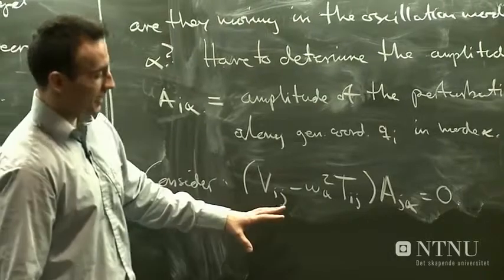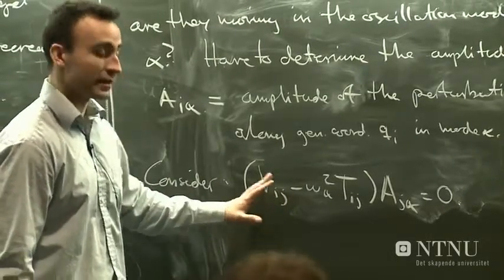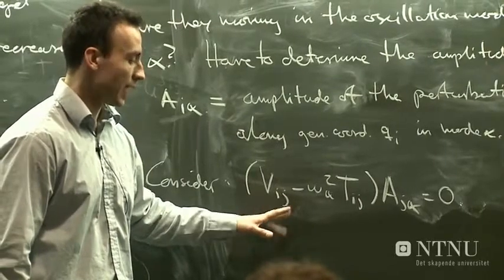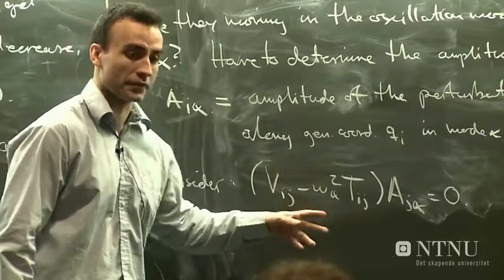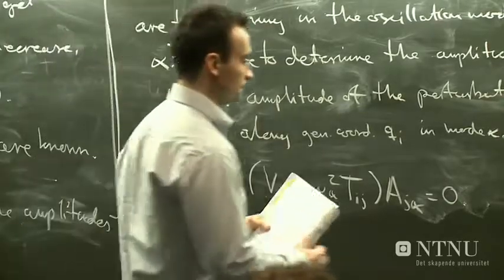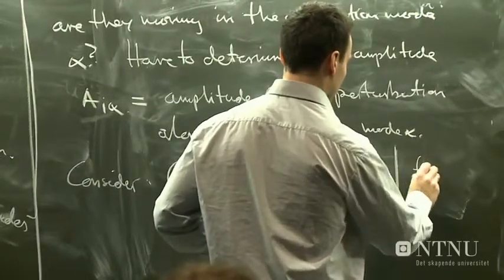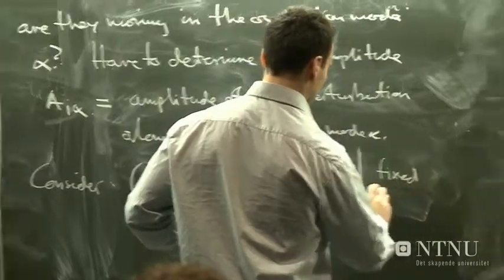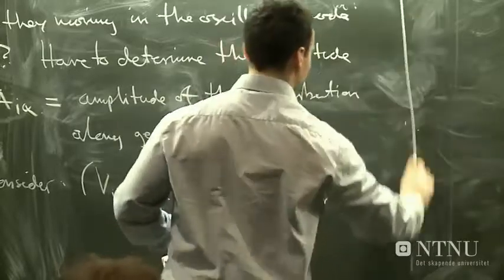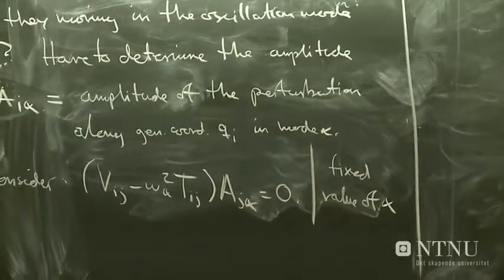And this notation might be a bit confusing because in this case, there's no sum over alpha. We have a sum convention for J, but there's no sum convention for alpha. So let me just write that to make it absolutely clear.